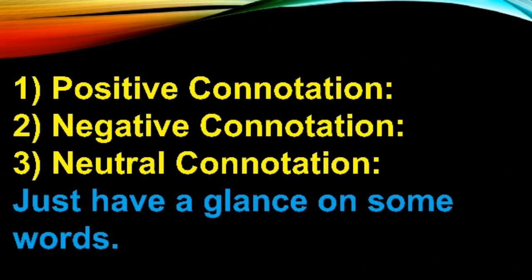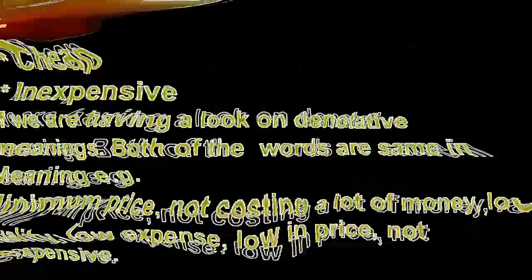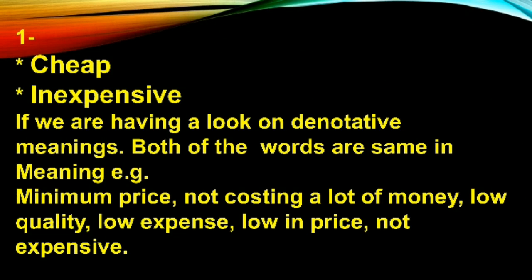Number 1, positive connotation. Number 2, negative connotation. And number 3, neutral connotation. Just have a glance at some words. Cheap and inexpensive. If we look at denotative meanings, maybe both words have the same meanings.